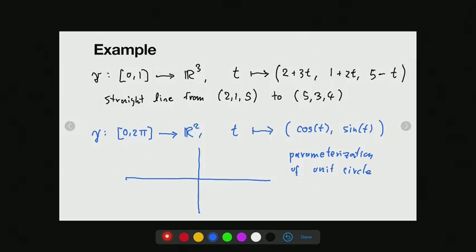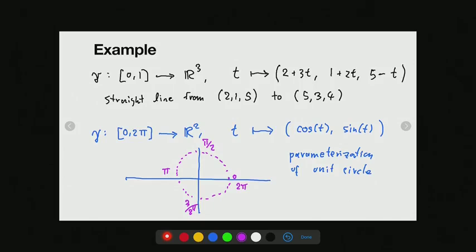So we start at position 0. We arrive at position pi half, pi, 3 over 2 pi, and eventually we come back to 2 pi. So you've all seen this picture already. It should look familiar to you. So it's just a standard parameterization of the unit circle that you've seen before, I think.